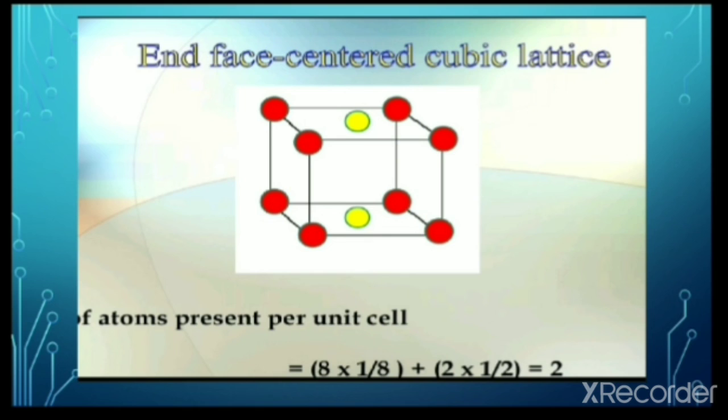So 1 plus 1 is equal to 2 atoms. There are a total of 2 atoms in the end centered cubic lattice. So this is all about the number of atoms in a unit cell.